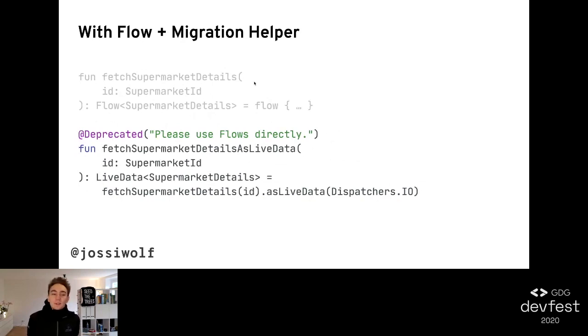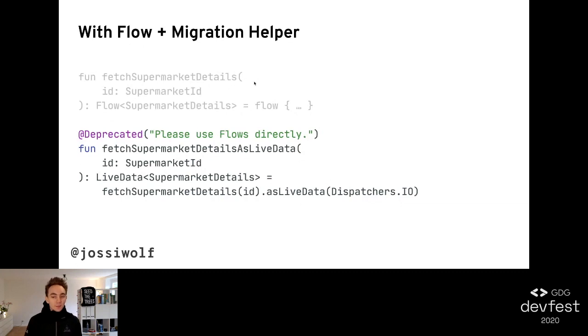So from there, migrating the view models was a lot easier because we just needed to rename everything to the new migration helper names. So when we had fetch supermarket details before, it would now just be fetch supermarket details as LiveData.